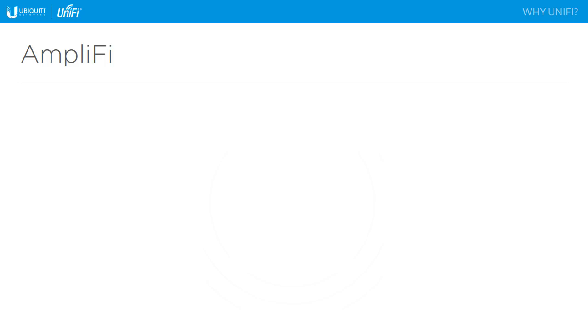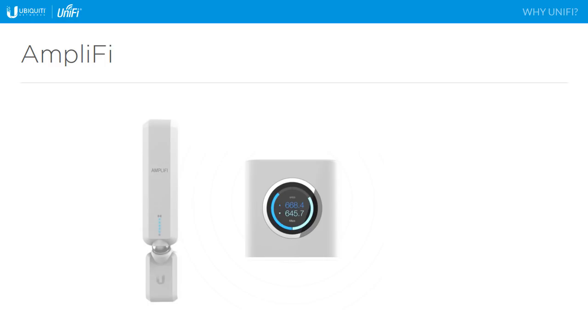Now this consists of an Amplify router base station, and that's the little square unit you see here. That has both built-in Wi-Fi and some physical Ethernet jacks. It's then complemented by Amplify mesh points, and it ships with two of them.